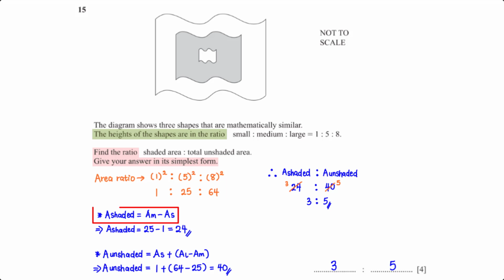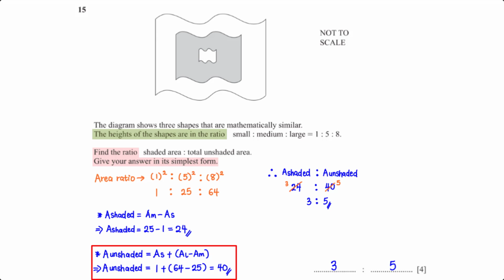1:25:64. The shaded area is equal to the medium area minus the small area. This gives us 25 minus 1, which is equal to 24. The unshaded area is equal to the small area plus this area, which we get by subtracting the medium area from the large area.